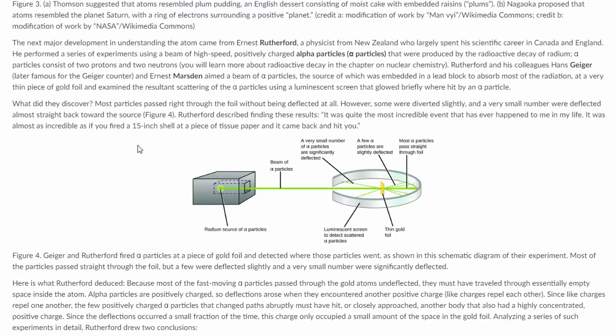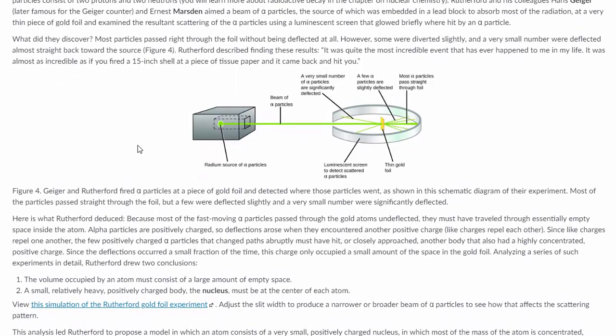Then Rutherford came along with his gold foil experiment. The gold foil experiment is found in every general chemistry book you will ever see. What Rutherford did is he took some alpha particles and beamed them at a really thin, small piece of gold foil. And then he watched what happened. Some particles were significantly deflected.